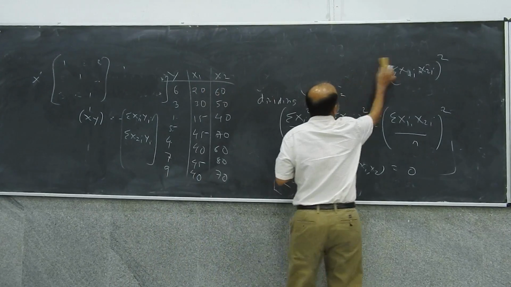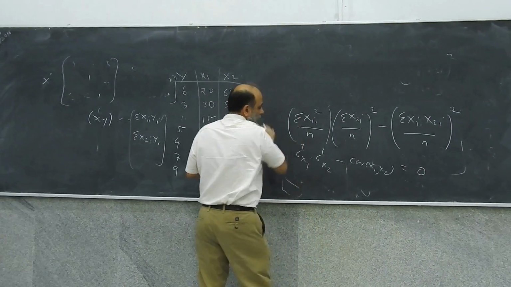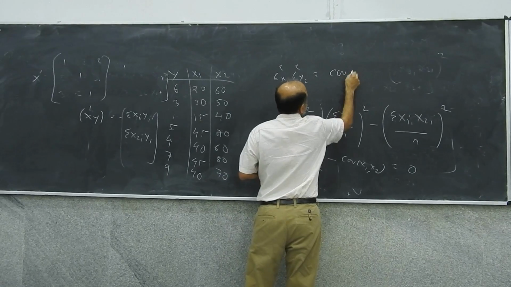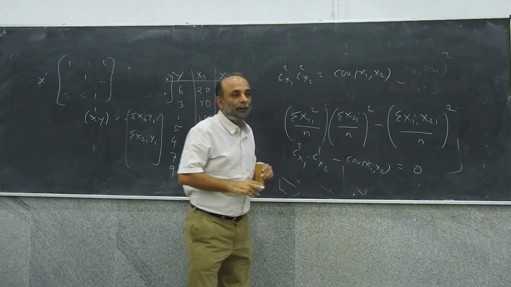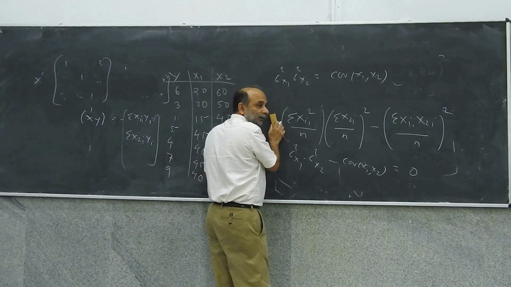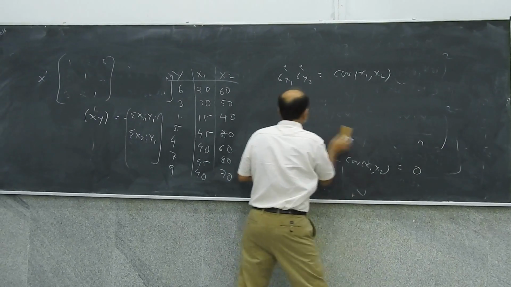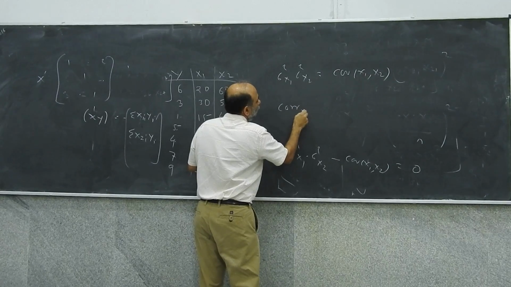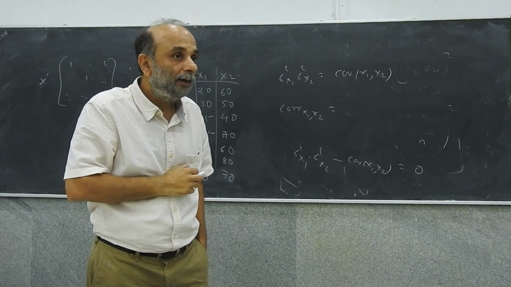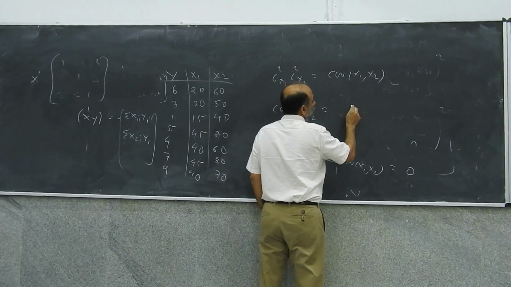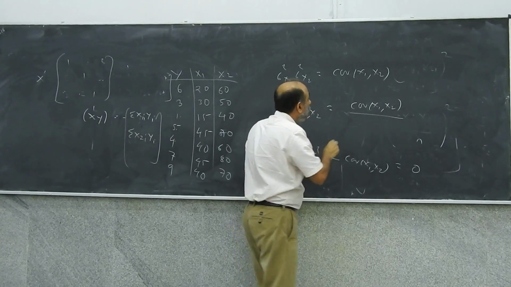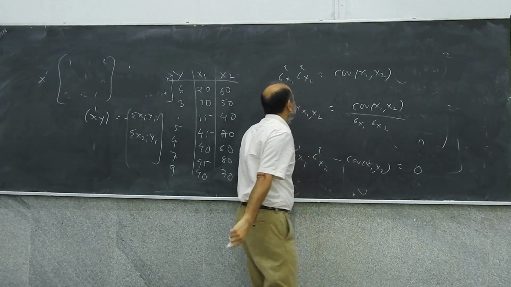What does that mean? Now, all of you guys know that the correlation of x1, x2 is equal to the covariance of x1, x2 upon the standard deviation of x1 times the standard deviation of x2.